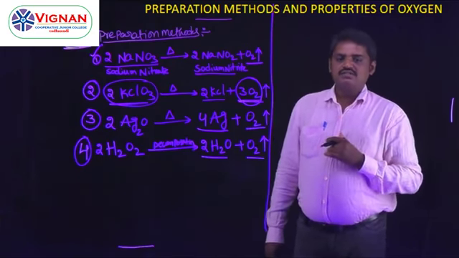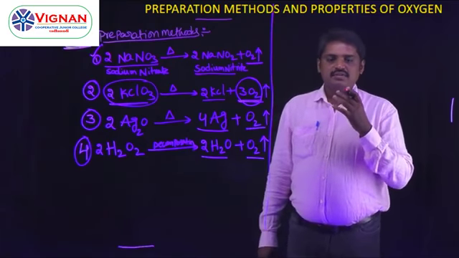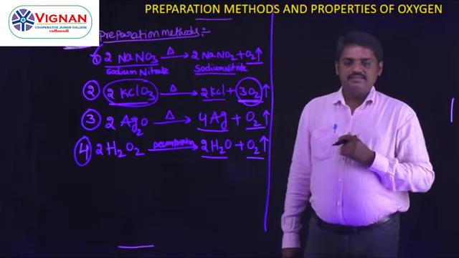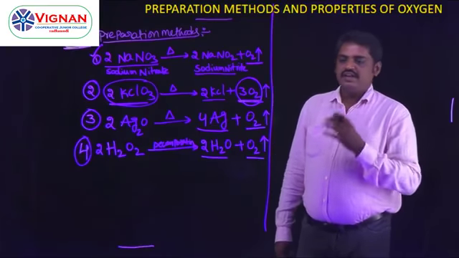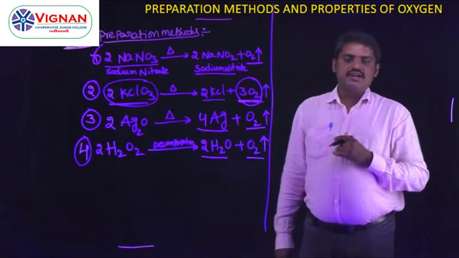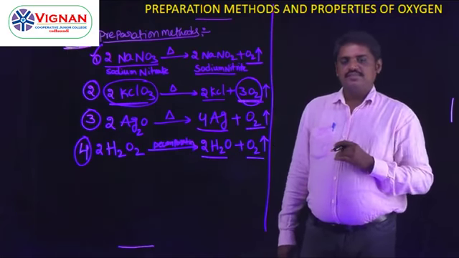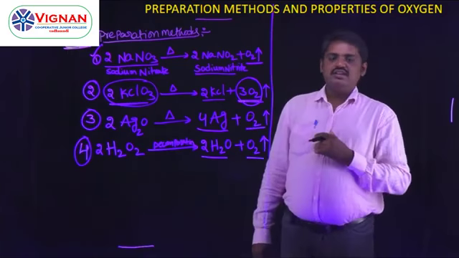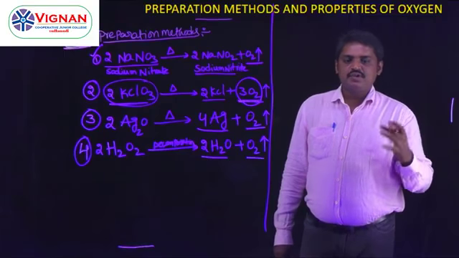And next, there are so many advantages of dioxygen. Some applications are observed. Generally, dioxygen is used to make oxygen cylinders, which are used in hospitals. And dioxygen is used to make different types of molecules.